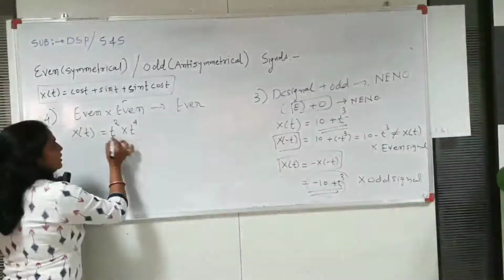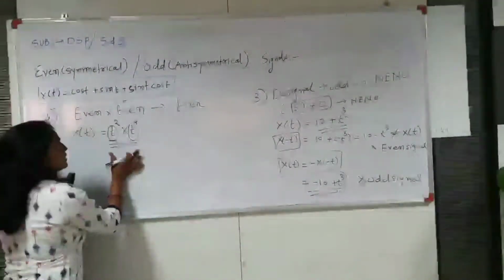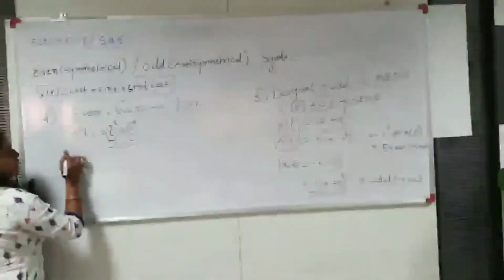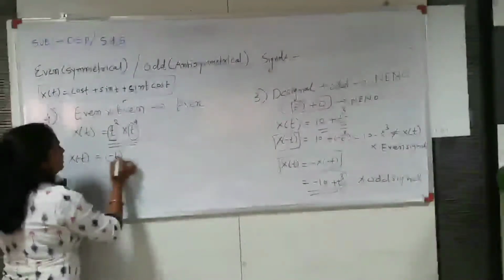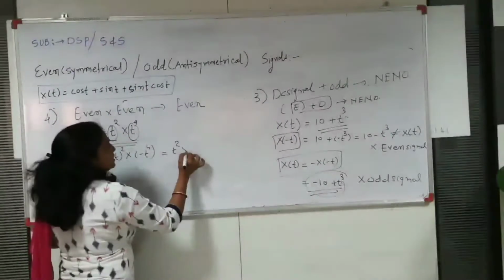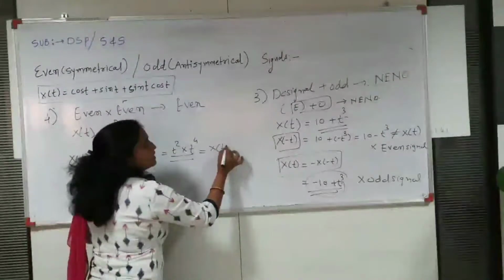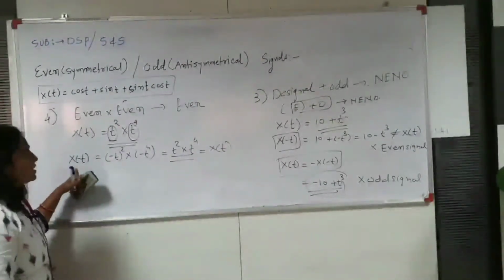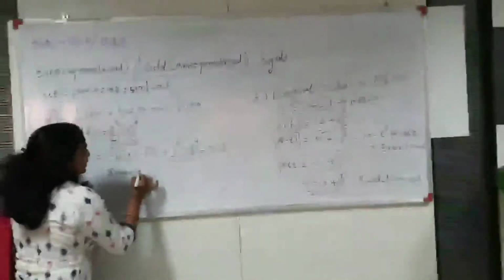The product of these two even signals always becomes an even signal. Checking this signal by putting minus t in place of t, minus t square and minus t raised to 4 always become t square into t raised to 4. So it's our original signal. So x of t and x of minus t are equal, that means it's an even signal.